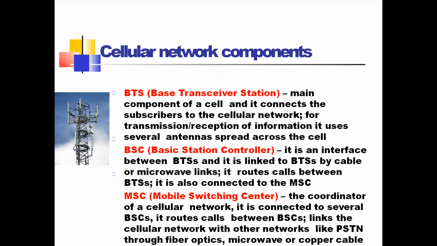There should be a mechanism to link a mobile phone and a land phone, right? The mobile switching center also controls the PSTN through optical cables or microwave links, right? This is the mobile switching center.